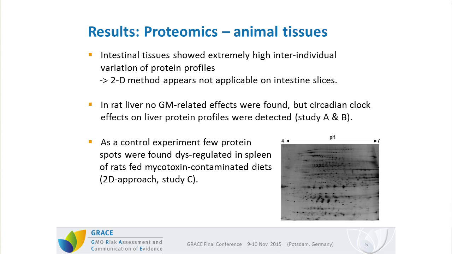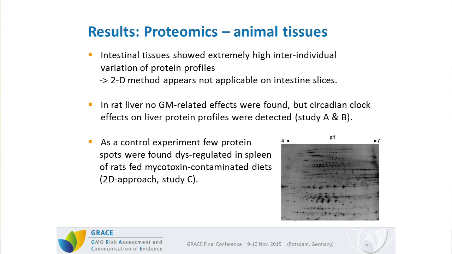Anyway, in the rat livers, this problem didn't occur, but there were no GMO-related effects found. But as seen previously for the expression analysis using the RNA, circadian clock genes were as well affected in the liver proteome of study A and B.